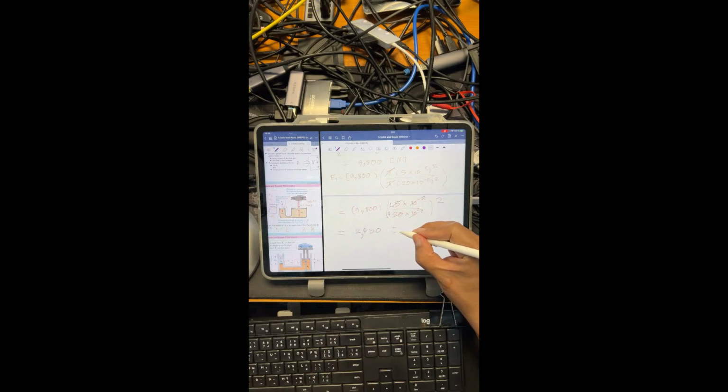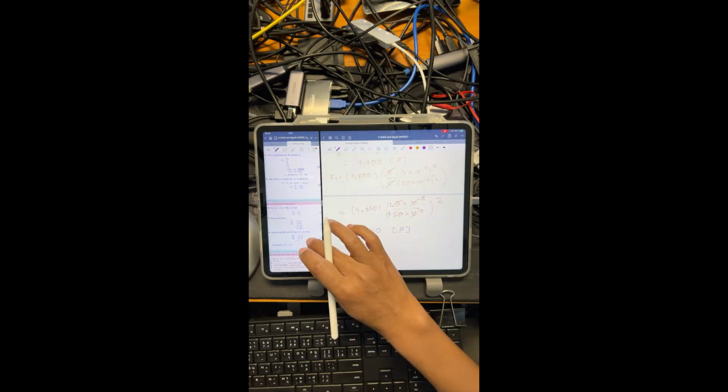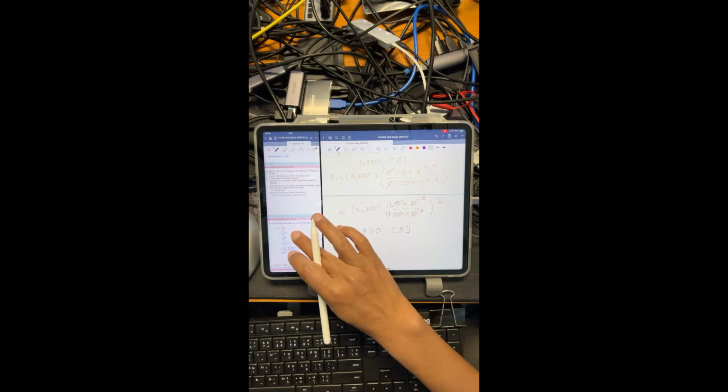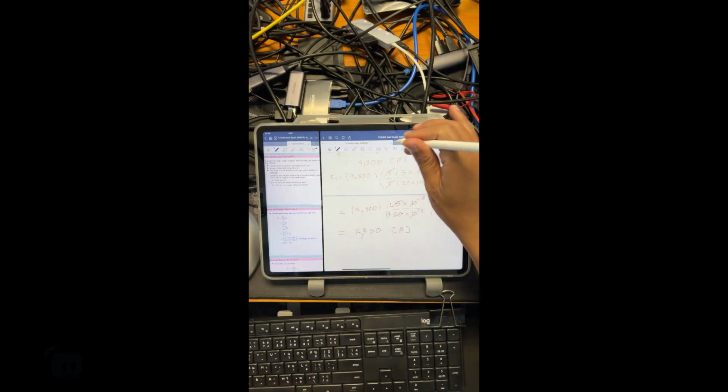So it's going to be 2,450 Newton. Let's check whether it's correct or not. Oh my God, what happened? Sorry for that. I forgot to take the square right here. Oh, I'm stupid.